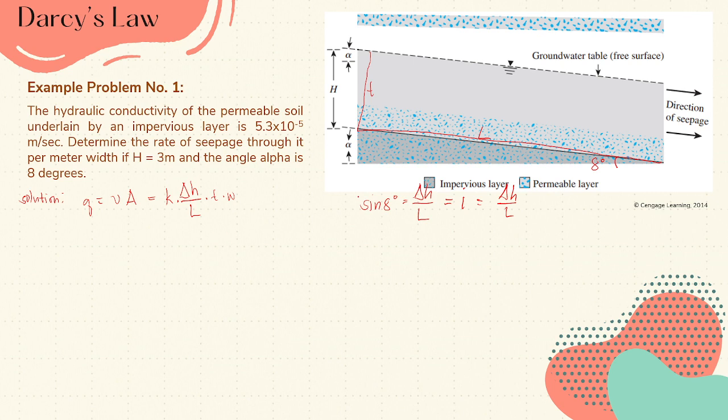And as for our thickness T, we can write that as cosine 8 degrees.